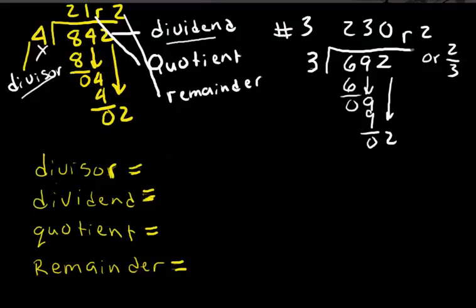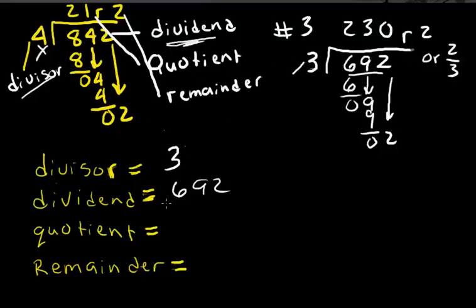Okay, you should have been able to identify the parts by now. This is our third problem in this practice set. So here we go. Let's look at the divisor. The divisor is the number that we are dividing into the other number. So in this particular case, our divisor is 3. So we'll put a 3 down here. The dividend, if we look up here, the dividend again is the number that we are dividing. In this particular case, it's 692.